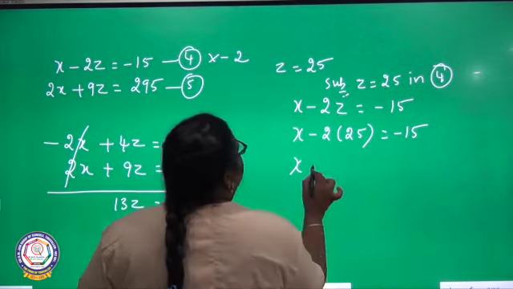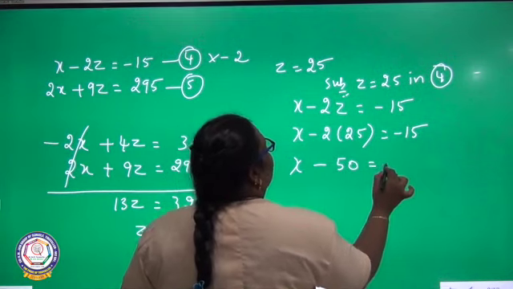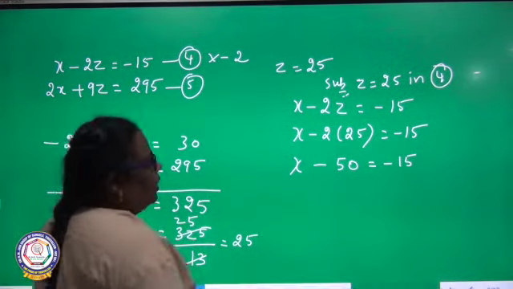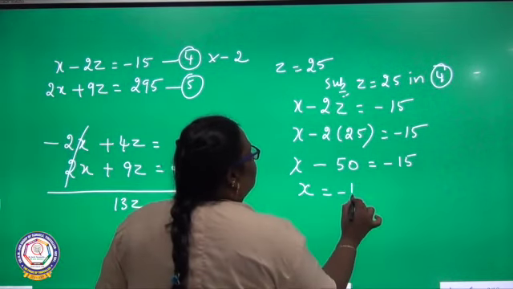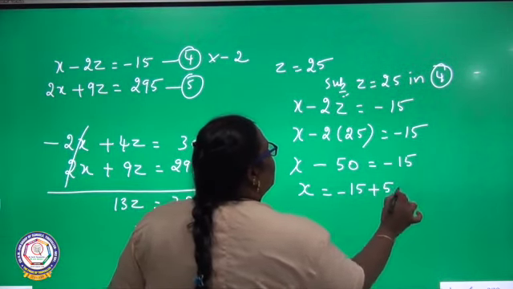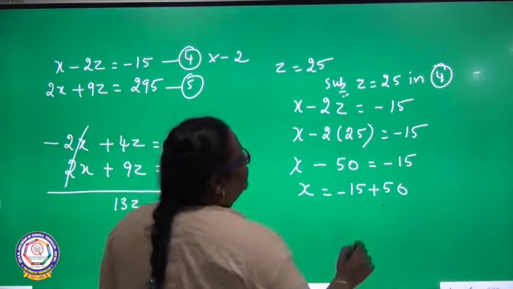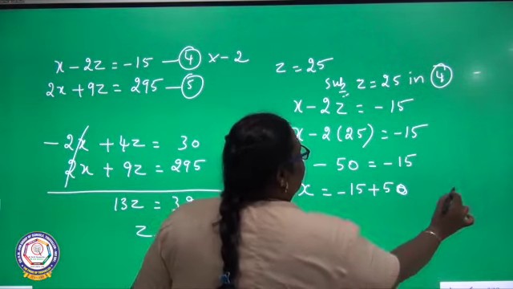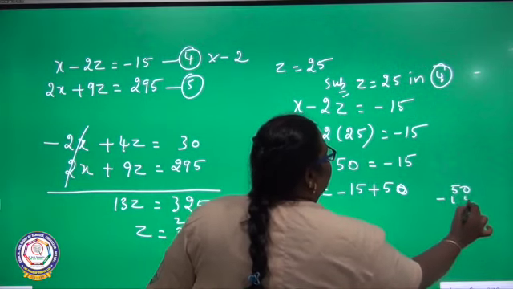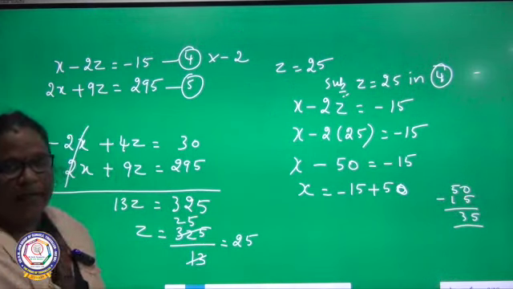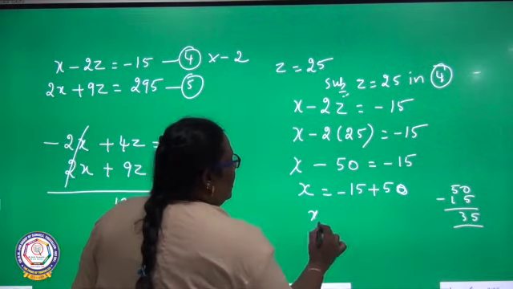So x minus 50 equal to minus 15. So x equal to minus 15 plus 50, which is 35. The x value equal to 35.